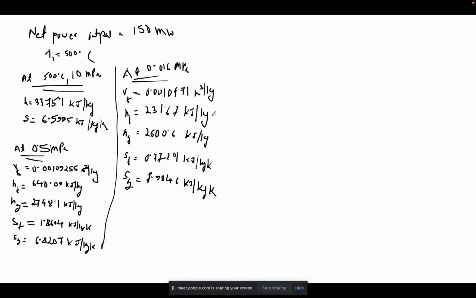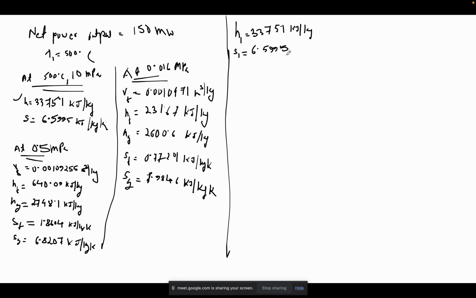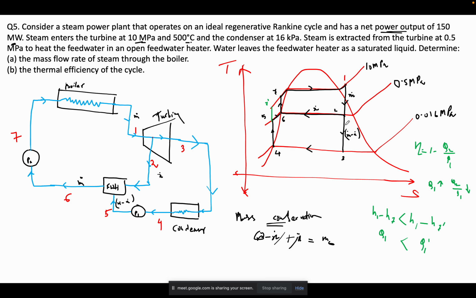Now H1 is what? This one, 3375.1 kilojoule per kg, and S1 is 6.5995 kilojoule per kg Kelvin. Now one thing is sure, although I have drawn it this way, I am not sure whether this point 2 is in the superheated state or in the saturated state.